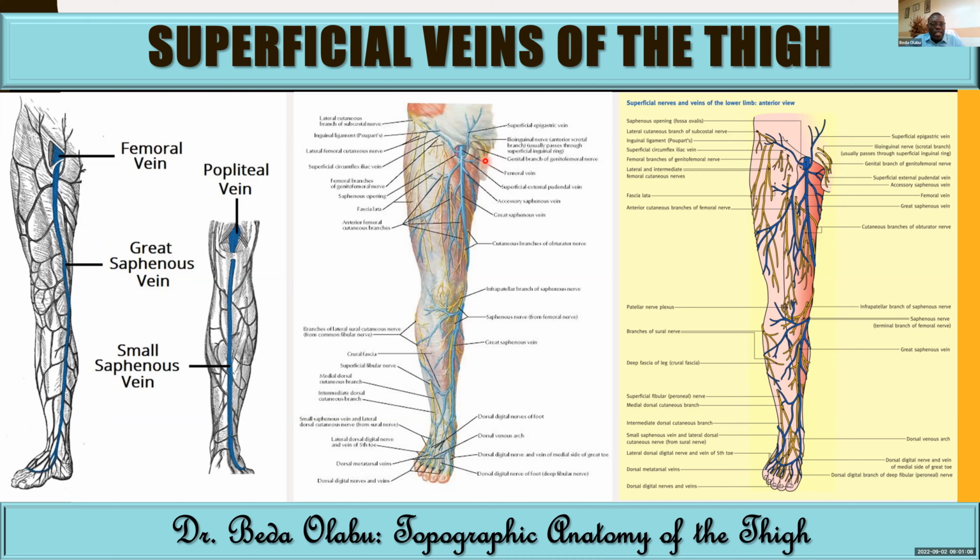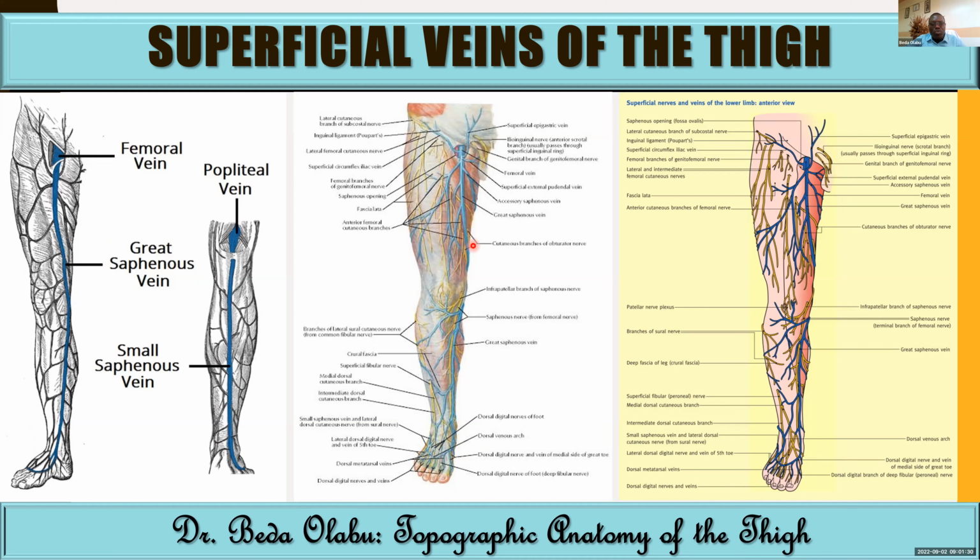Superficial veins from the genitalia drain into the great saphenous vein. So those three superficial veins join the great saphenous vein just before it enters into the femoral vein. Those veins join it at around what I've called the saphenous opening.